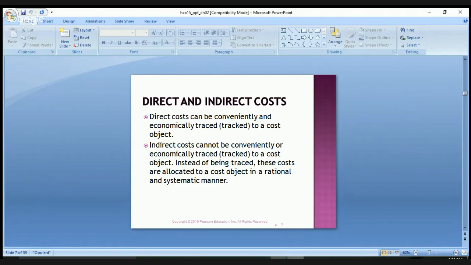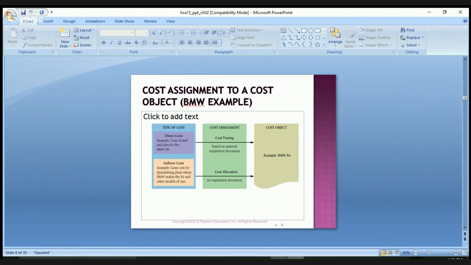And then indirect costs would be those costs associated with that install, but I can't economically trace them. Like the vehicle that the tech guy uses. We can't really determine the cost of that vehicle associated to that job. Okay? All right, any questions on that? All right.